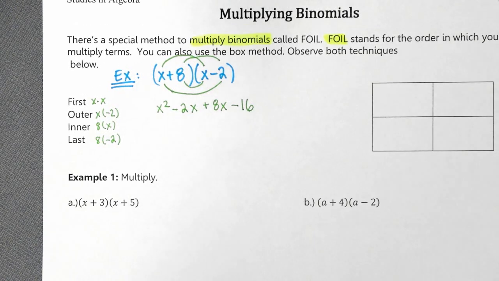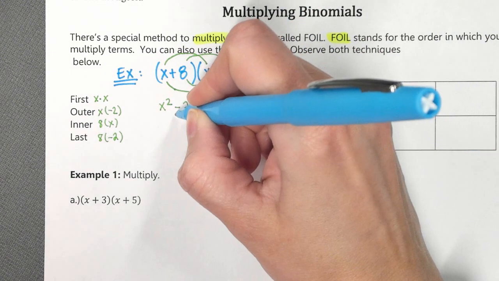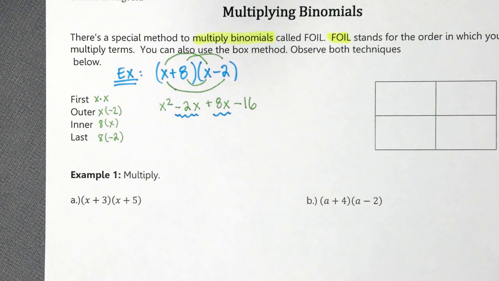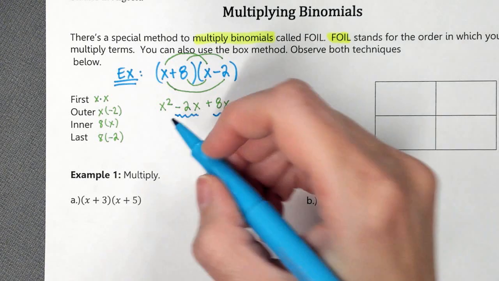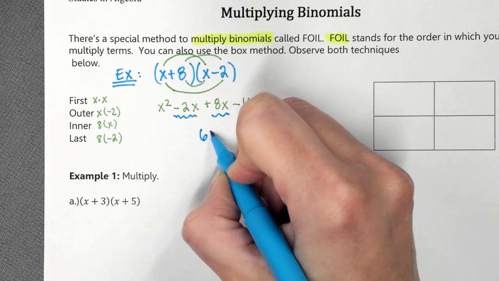Now what you're going to have to do is combine any like terms. When you're doing FOIL with this, the like terms are going to be the two inside terms, the negative 2x and the positive 8x. So negative 2x plus 8x is 6x.